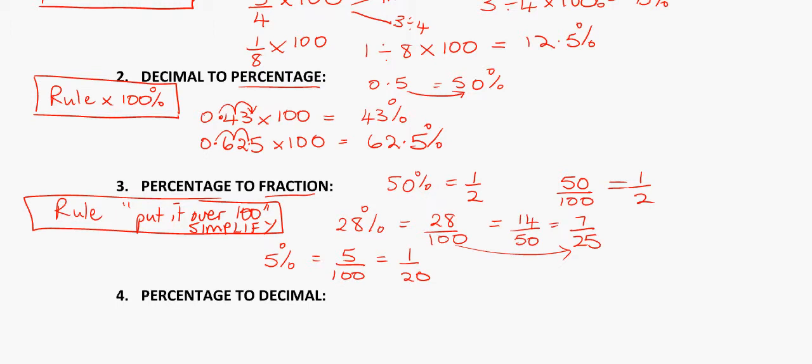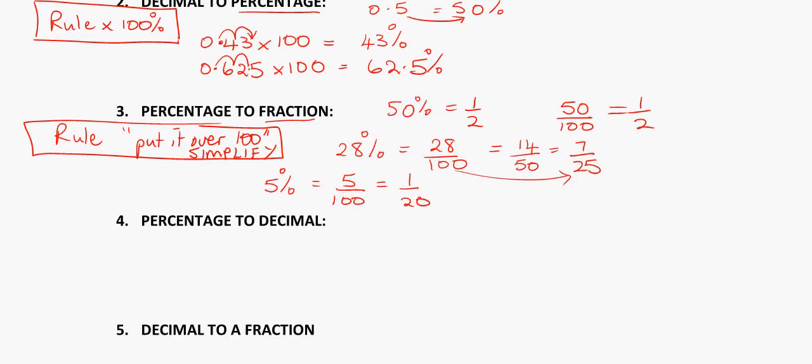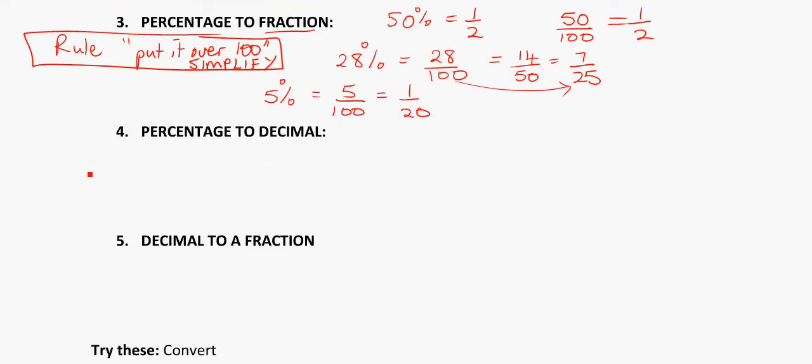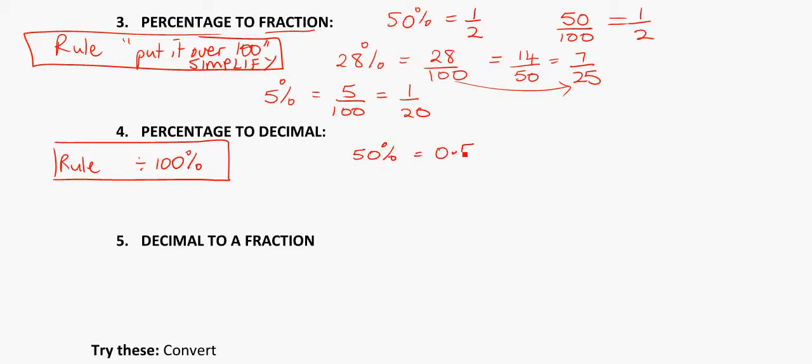Okay, now what about percentage to a decimal? So the rule here is divide by 100%. So let's see, 50% we know is 0.5. What did you do? You went 50 divided by 100 equals 0.5. So quite easy.